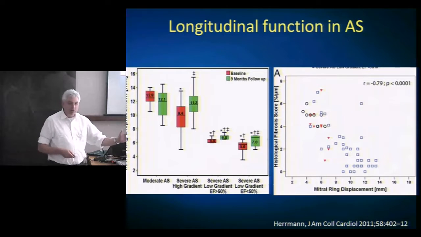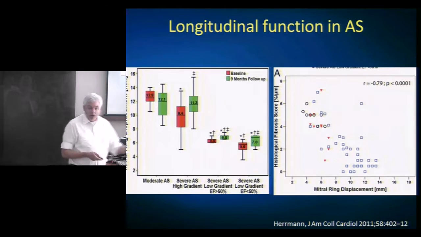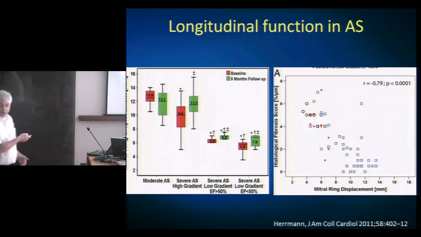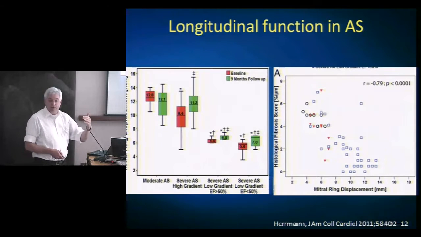Those are patients that you don't know what to do with, or you wouldn't send straight away for intervention. But if you look at their mitral ring displacement, their function is already decreased. And if you use the correlation with fibrosis, those patients have probably started having quite significant fibrosis.